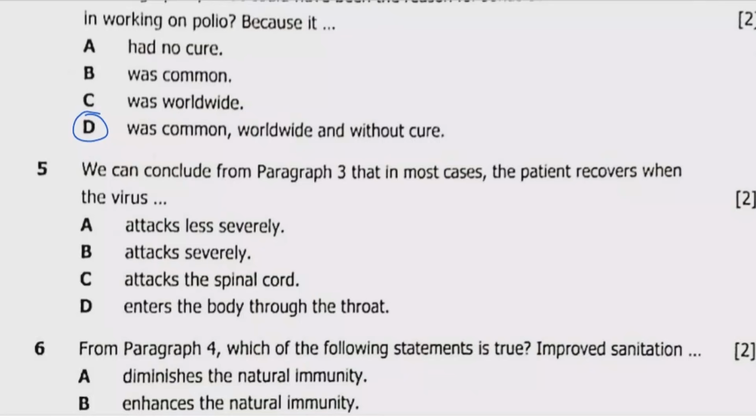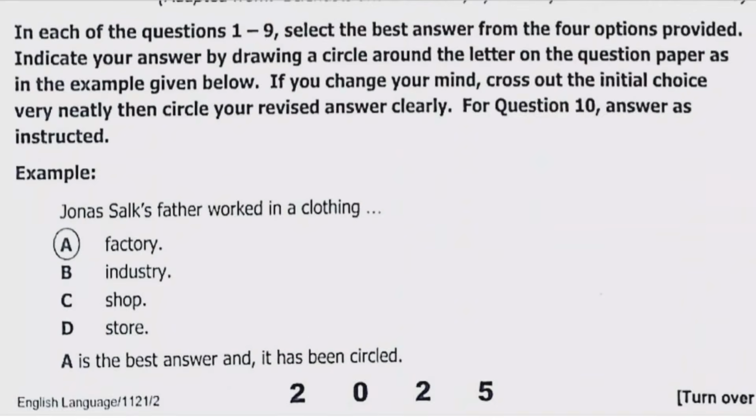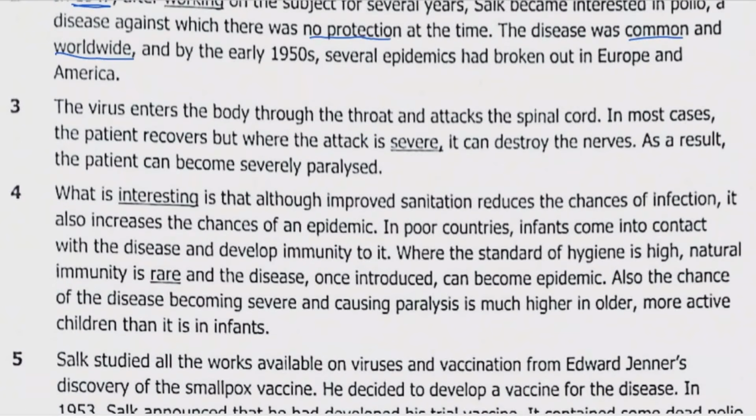D, enters the body through the throat. Okay, so let's go to paragraph 3 and read it again. We are not going to get tired of reading. The virus enters the body through the throat and attacks the spinal cord. In most cases, the patient recovers, but where the attack is severe, it can destroy the nerves. As a result, the patient can become severely paralyzed.